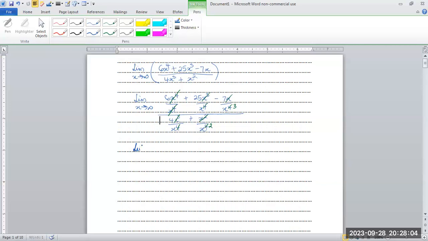So now I have the limit as x tends to infinity of 6 plus 25 over x.